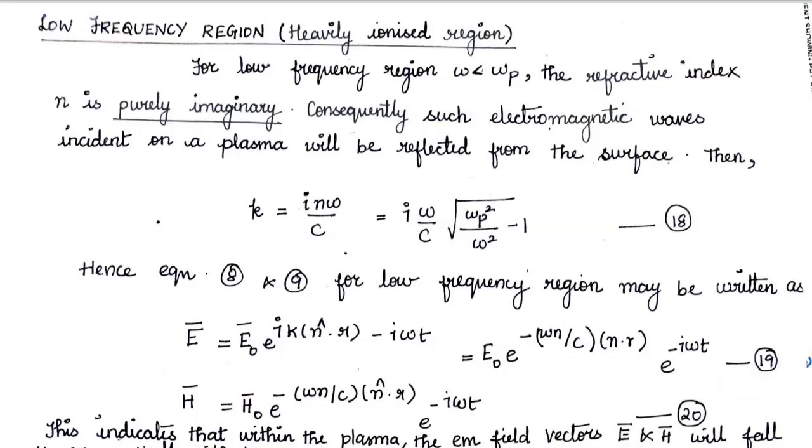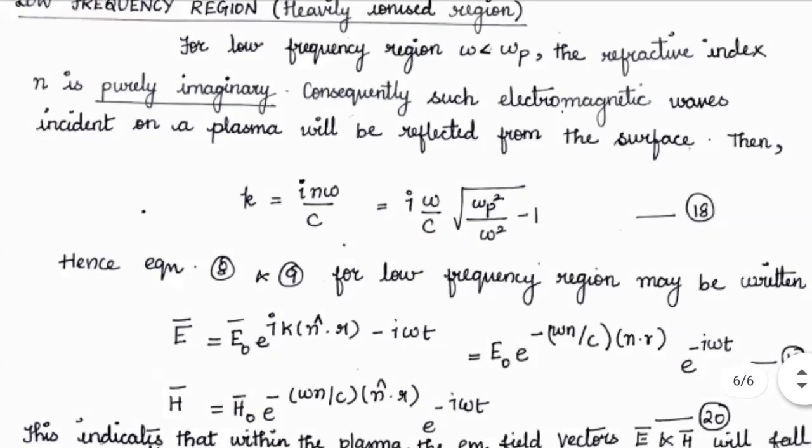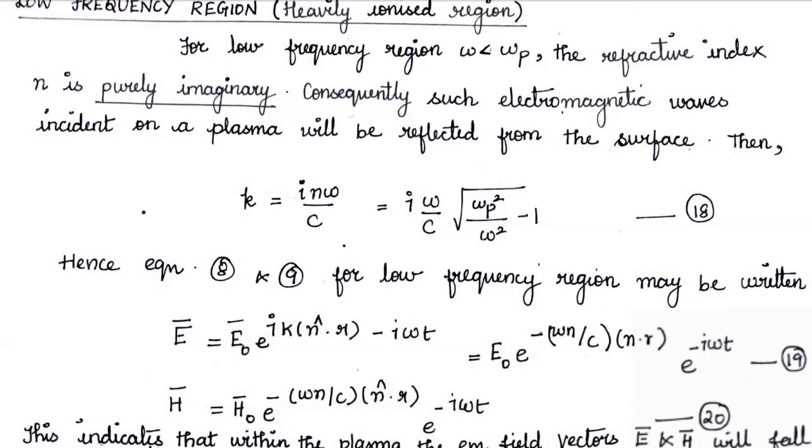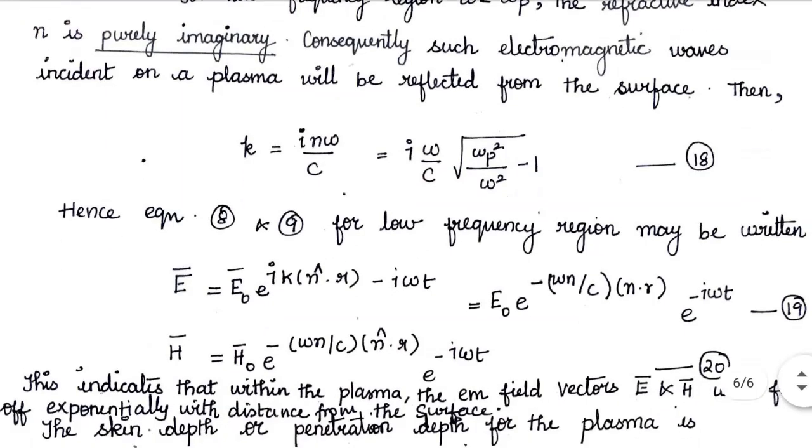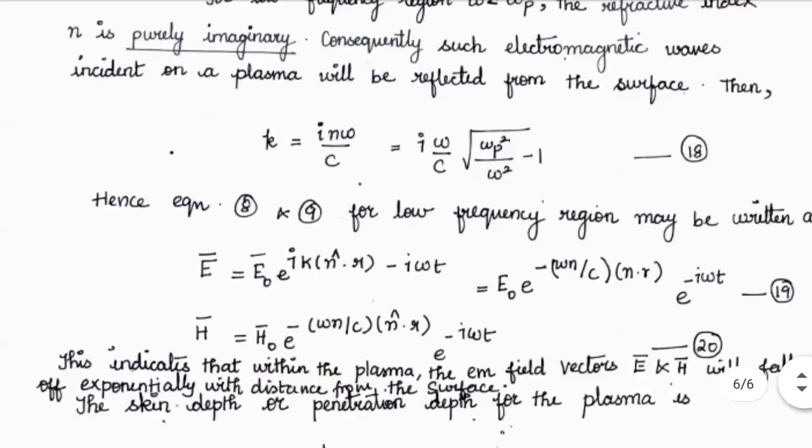So we can write k, that is the wave number, i n omega by c. In the previous case it is n omega by c. Since n has become an imaginary term, it is i n omega by c. So we can write i omega by c, and in place of n, we can write root of omega p square by omega square minus 1. So the solution can be altered.